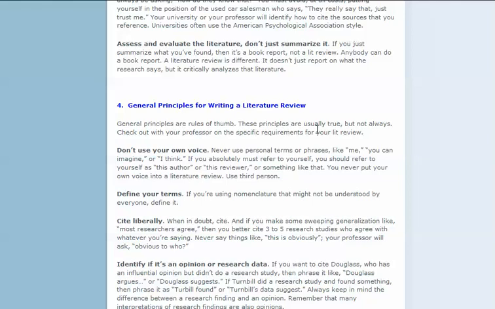So if you find something that supports what you believe, you're still critiquing it and finding the flaws in it. And you're doing the same thing for something that does not support what you were writing. So it is a critical analysis as well as a synthesis of information.